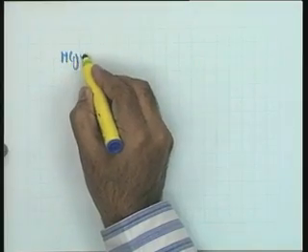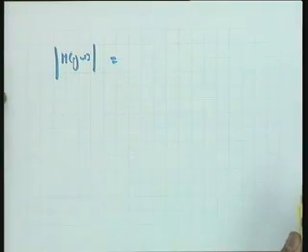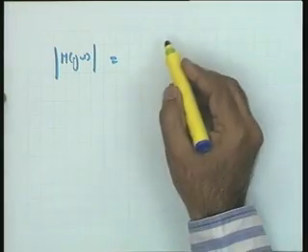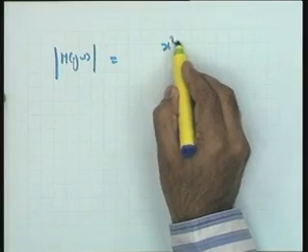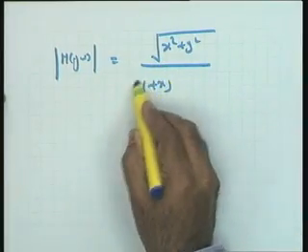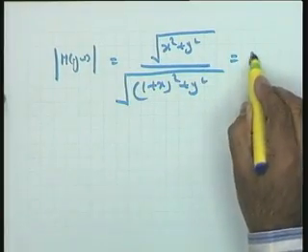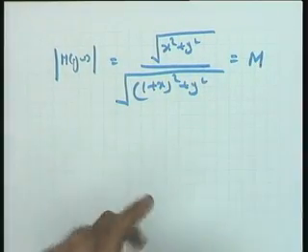Since the interest is only in the magnitude, and at present I am not interested in the phase angle, let me concentrate on the magnitude response. I write the square root of x squared plus y squared over the square root of (1 plus x) squared plus y squared, and let me simplify the notation and call it M.